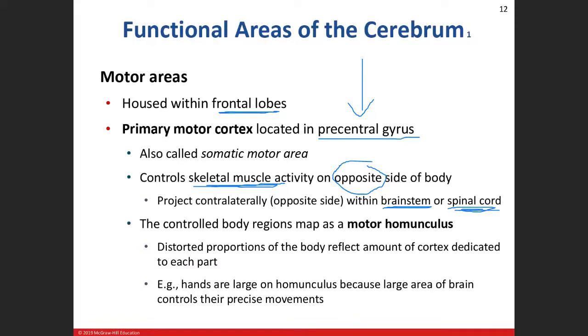They're going to take up a lot of space in the motor homunculus, or excuse me, in the precentral gyrus. So let me show you. It's definitely going to be a distorted depiction of your body, and it depends on how much of that real estate your motor cortex has dedicated to that body part.